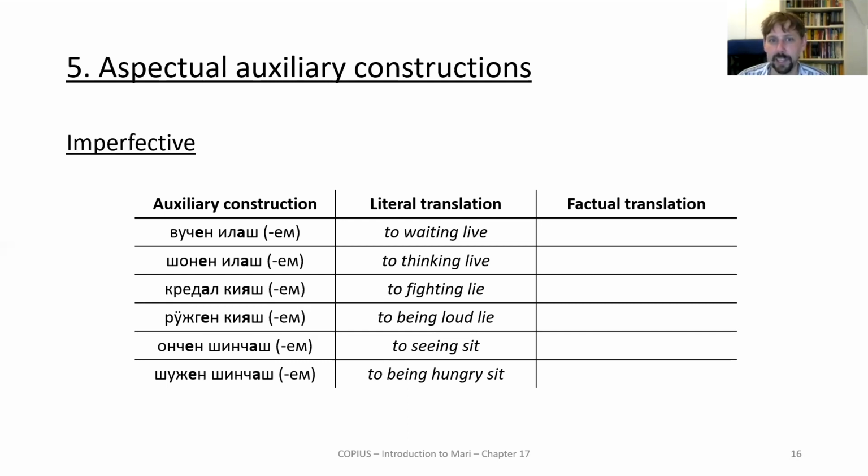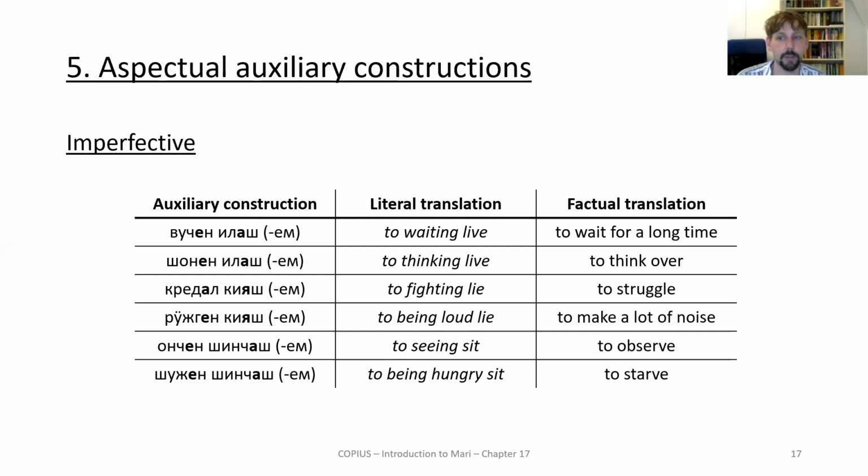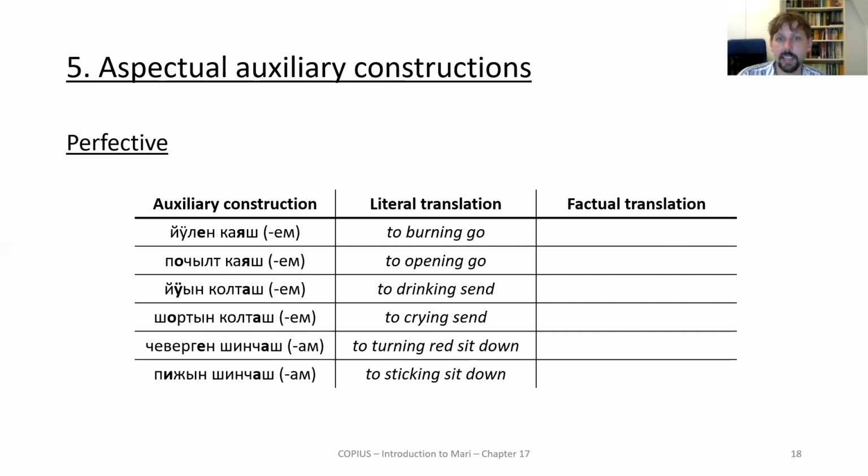So here we've got a bunch of imperfective markers, things that indicate that something lasts for a long time. Like shoneni lash, thinking live, just thinking something over, pondering it, really letting it go through your head, etc. And then we have a bunch of markers that go in the other direction. They make verbs more perfective. Like yulash, to burn, yulenkayash, to burning go.